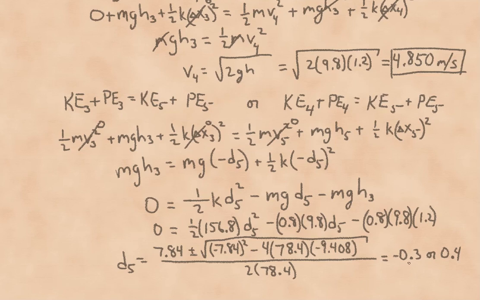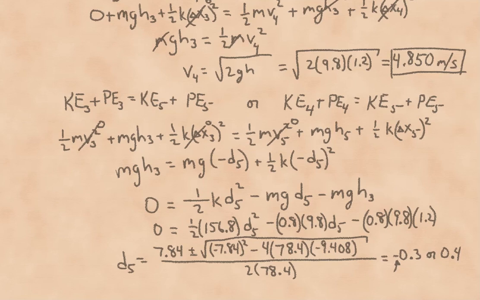One is negative 0.3 meters, one is positive 0.4 meters. Now, mathematically, both of these solve the problem, but physically, it only makes sense for D to be in the direction that we guessed. The minus sign here means that the direction we assumed D was is actually incorrect.